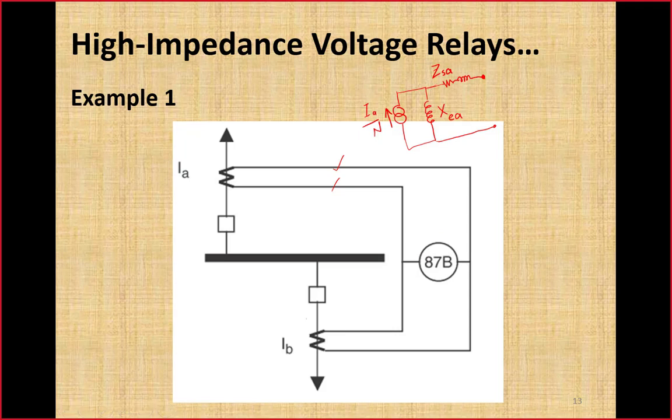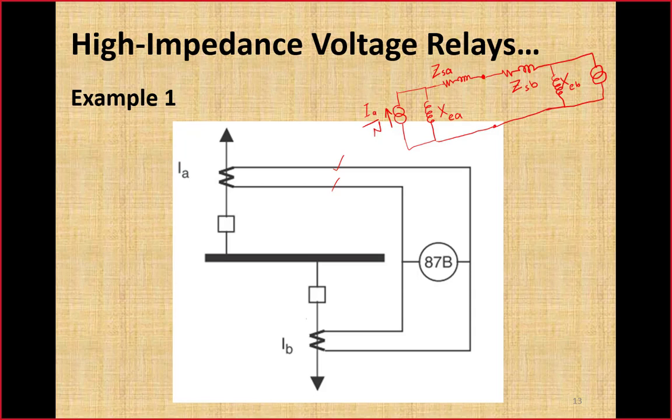In the same manner, we have in parallel the CT of circuit B. Here I will draw the CT of circuit B: the series impedance of the CT in circuit B, the magnetization or excitation branch, that will be XEB, and in parallel an ideal current source that represents the ideal transformer which steps down the primary current into secondary.